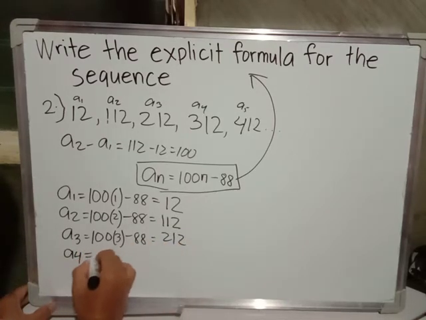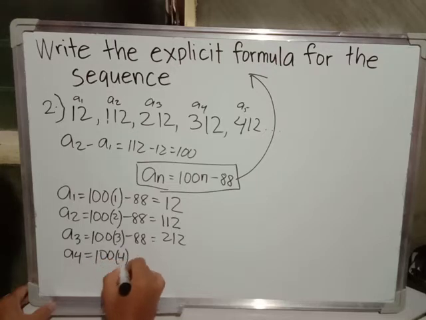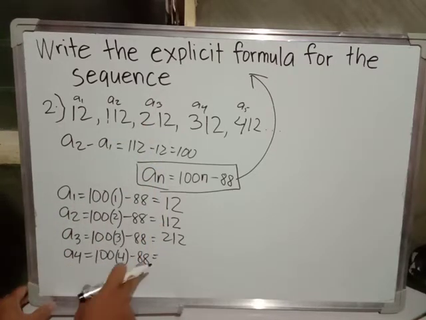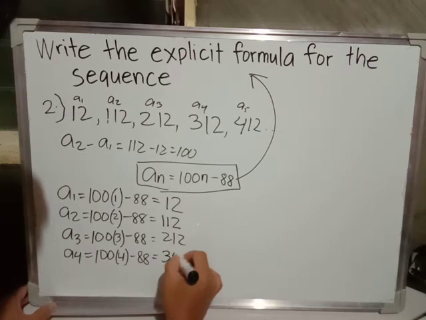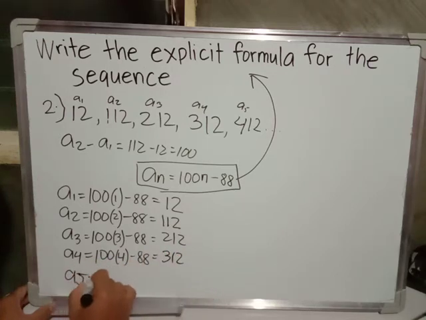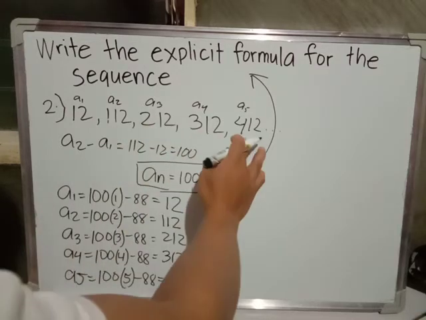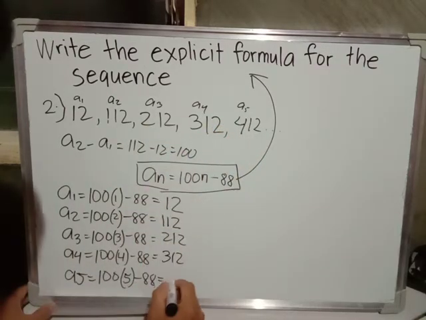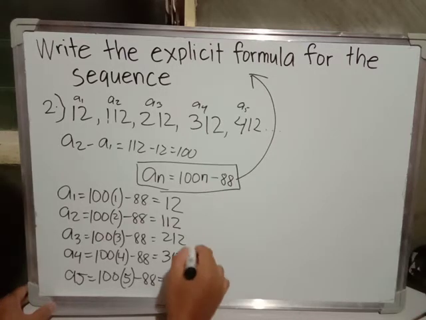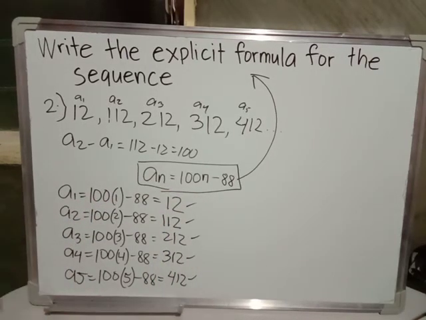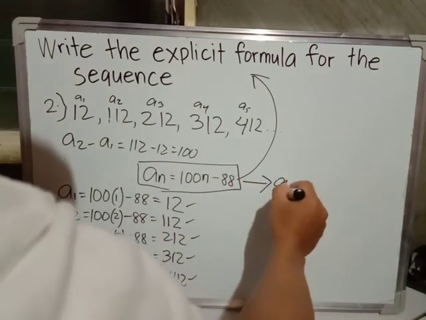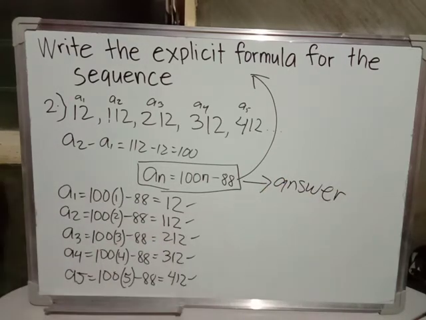E4 is 100 times 4 minus 88, 400 minus 88 is 312. E5 is 100 times 5 minus 88, 500 minus 88 is 412. So, the formula holds throughout the sequence. That is how to find the explicit formula of a sequence.